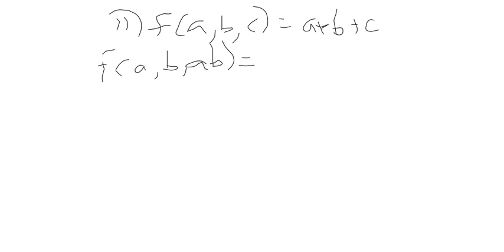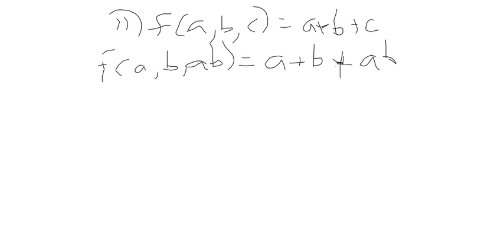That'll be A or B or AB. And let's see, what can we do with that? We could do an absorption law there. You could do absorption two different ways, really.